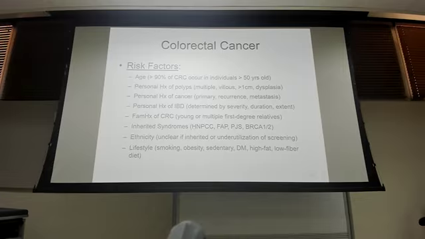If you have a personal history of any type of cancer, primary or recurrence or mets, you're at a higher risk for colorectal cancer, or your patient is. Personal history of IBD, higher risk. And the risk is then extrapolated based on the severity of your IBD and how long you've had it and what part of the bowel it's in.